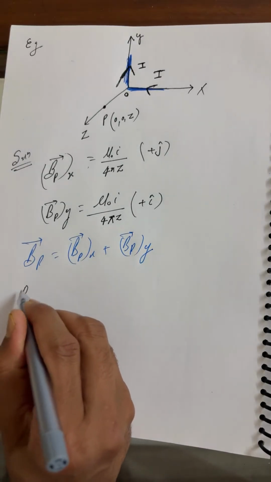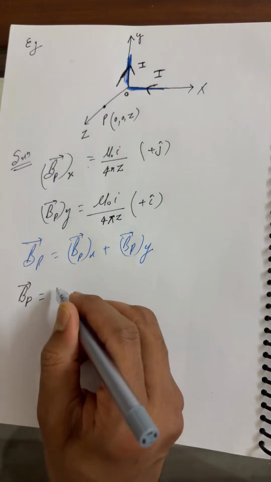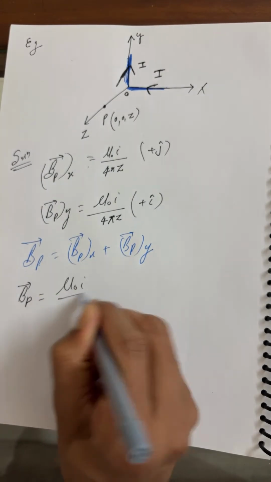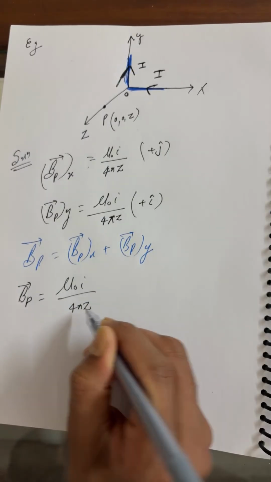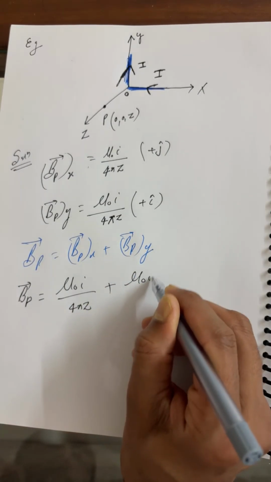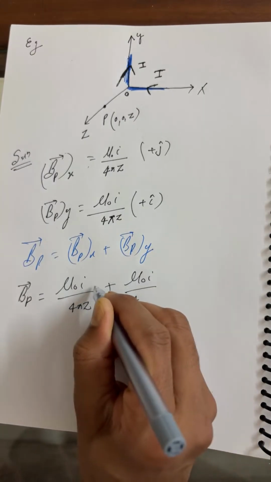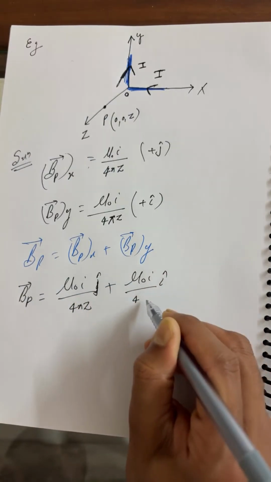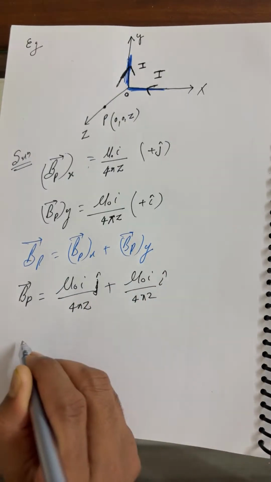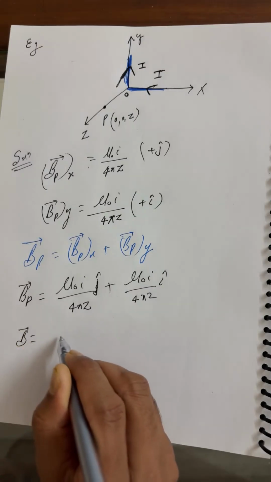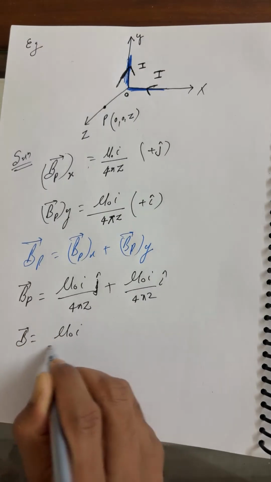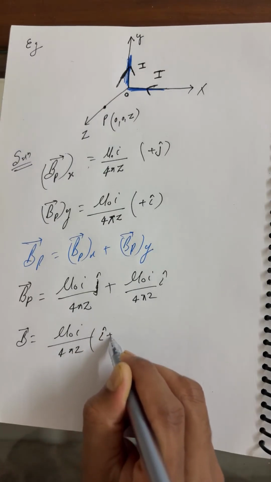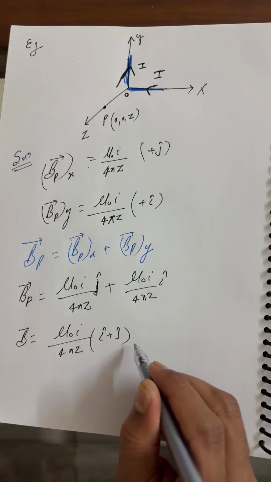So students, finally you can write the magnetic field at point P as mu naught I by 4 pi z j cap plus mu naught I by 4 pi z i cap. Taking the identical terms common: mu naught I by 4 pi z times (i cap plus j cap).